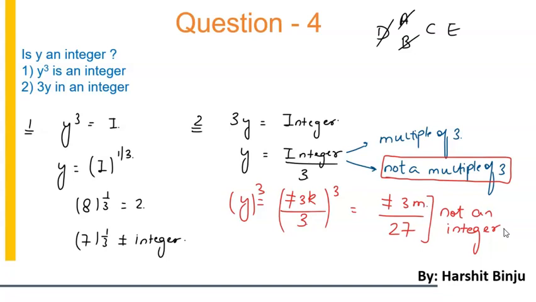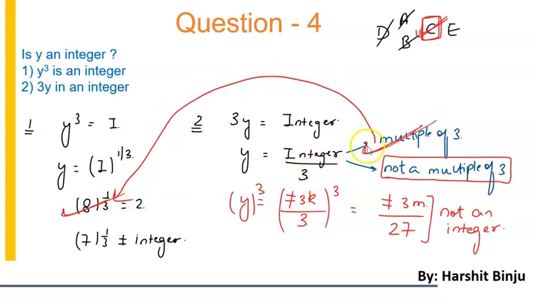So the only possibility if you want y cube to be an integer and 3y to be an integer is that y has to be an integer. That's the only possibility, nothing else can happen. Which means when you'll say C, C will be the correct one. So this case and this case, they both will be the common cases. Okay, so the answer is C for this one.